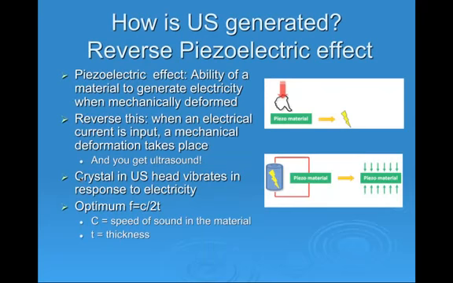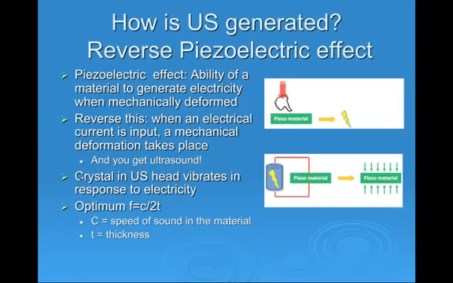So how does this device work? Well, some materials have a property that's called the piezoelectric effect. And what that is, when we deform that material, it produces a small bit of electricity, as shown in the diagram here.